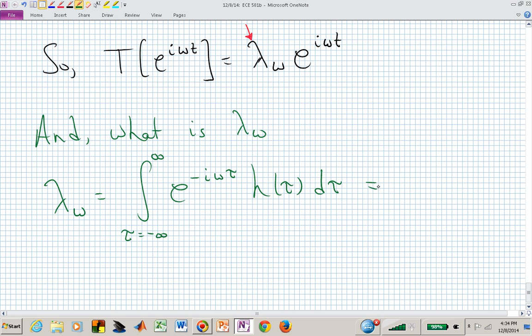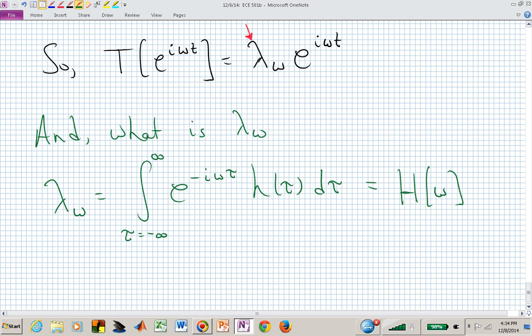And if you've taken earlier engineering classes, you go, oh, that's just the transfer function of omega, is one way of viewing it. Capital H of omega. That's now just some scalar. If you give me an omega, I can give you a number or a scalar, H of omega.